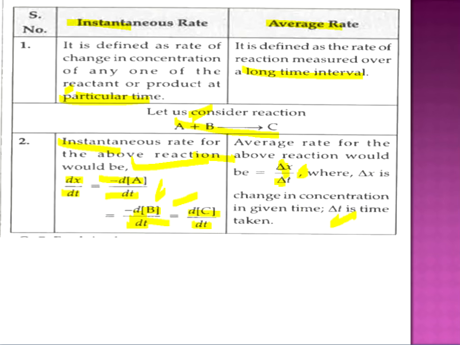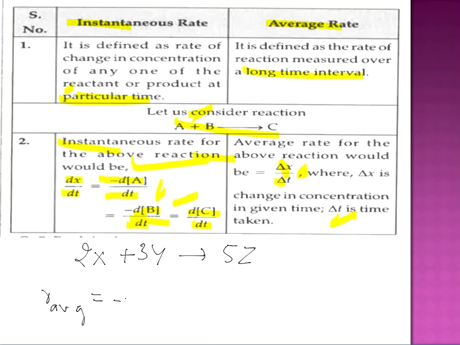Let me take one more example to understand the concept better. We will take the reaction 2X plus 3Y gives 5Z. Now we have to write the average rate of reaction. First we write for the reactant.